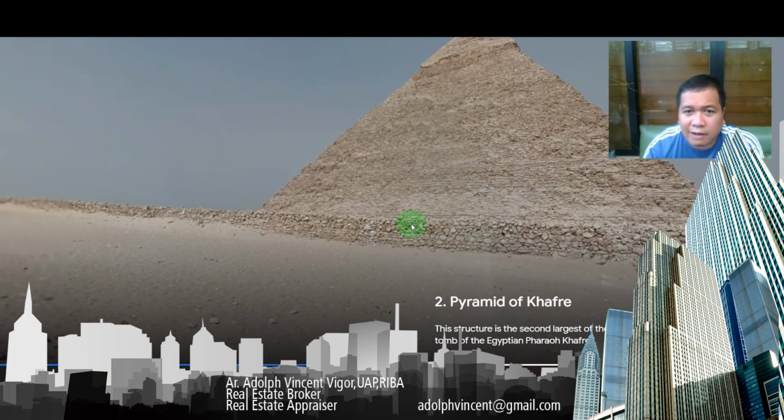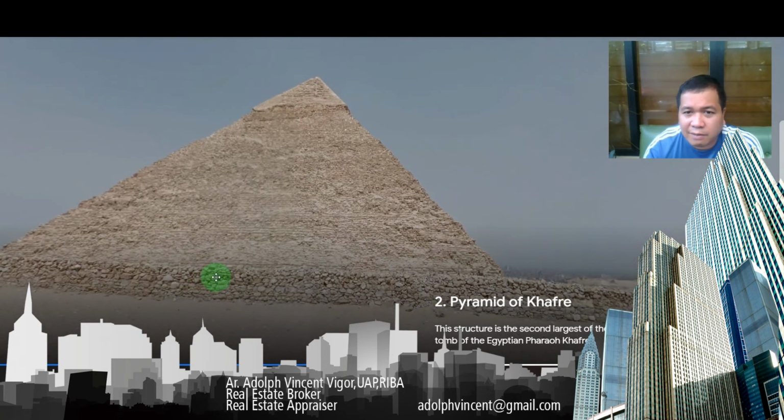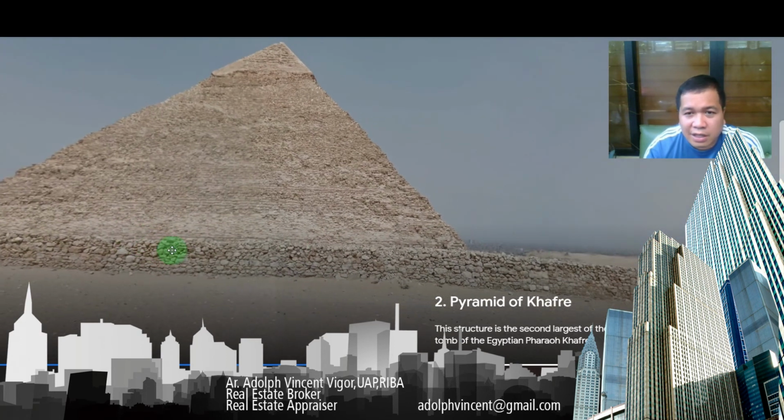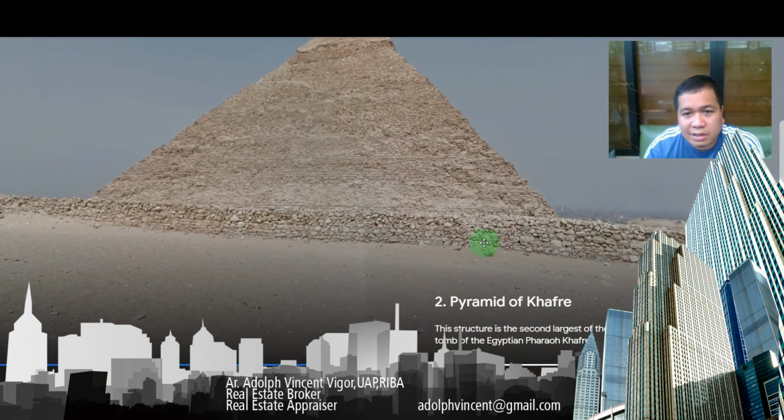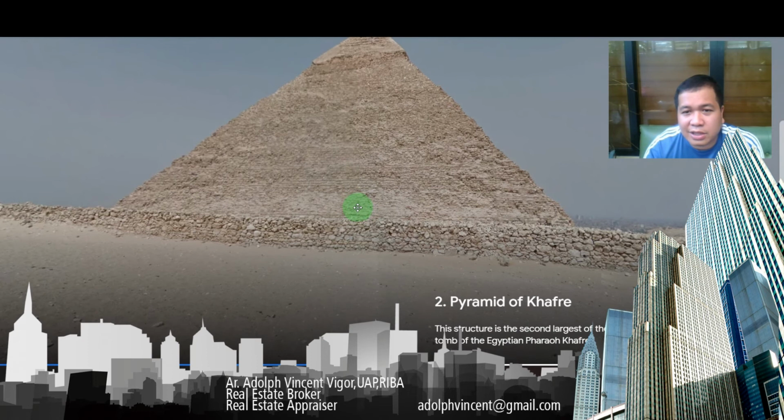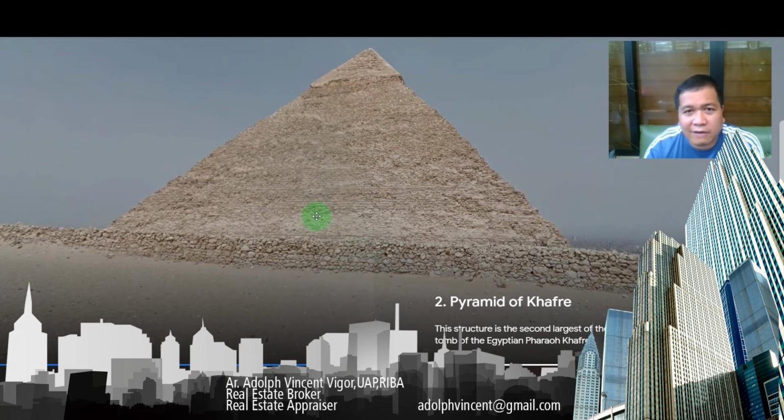Then this is the Khafre, the Pyramid of Khafre. I think you've seen this. Yeah, this is Khafre. It's the second largest. Okay, it's built for the Pharaoh Khafre.